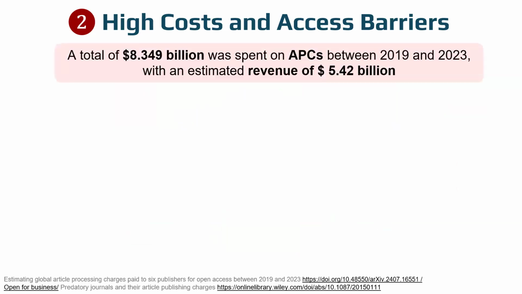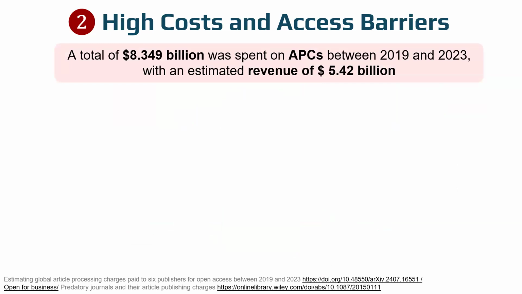And it's actually a business. It has been found that a total of more than $8 billion was spent on article processing charges between 2019 and 2023, with the revenue being over $5 billion.